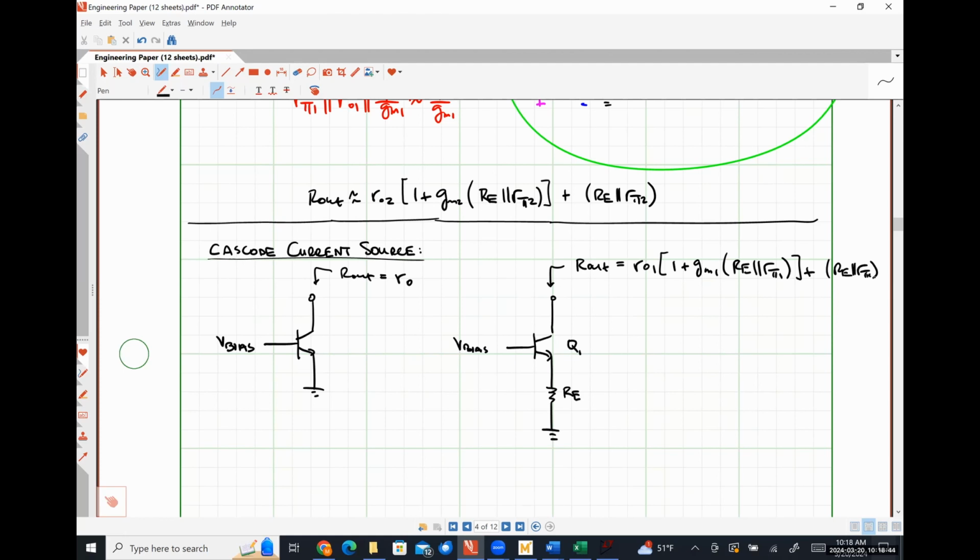Now, there's a little bit of a problem with this, inasmuch as this physical resistor RE tends to eat up some of our headroom.